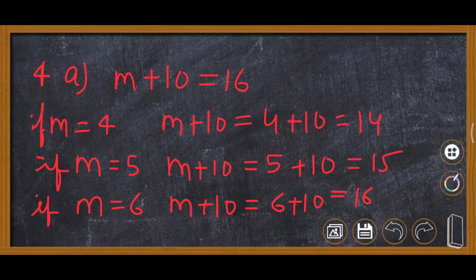Now here you can see that for the value m equals 6, m plus 10 is 16. Hence, m equals 6 is the solution of m plus 10 equals 16.